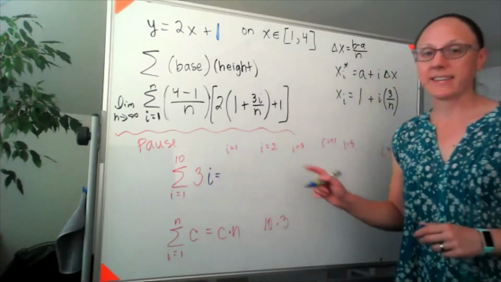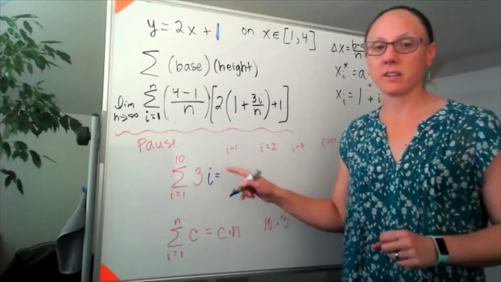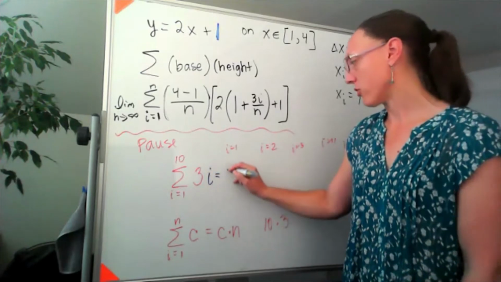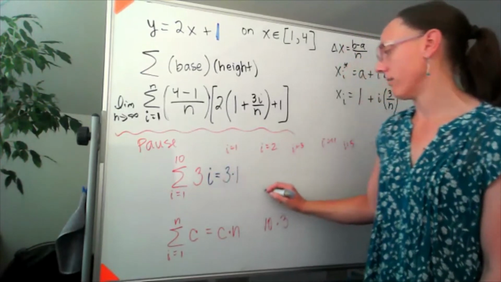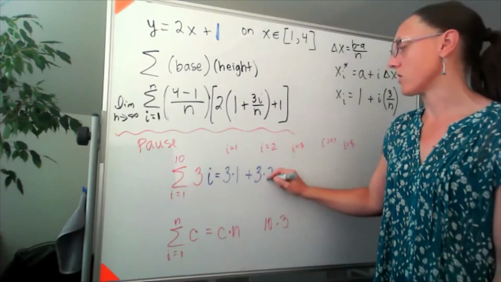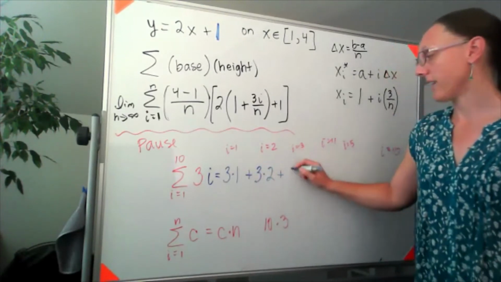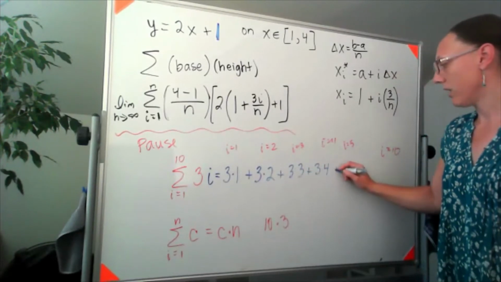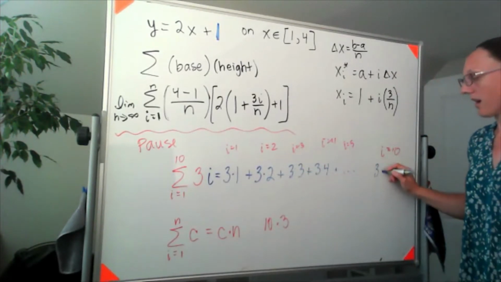So if I write this out notation-wise, when i equals 1, my function is 3 times 1. When i equals 2, my function is 3 times 2. When i is 3, it's 3 times 3, and 3 times 4, all the way over to 3 times 10.